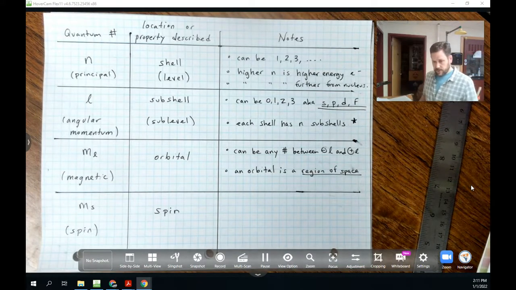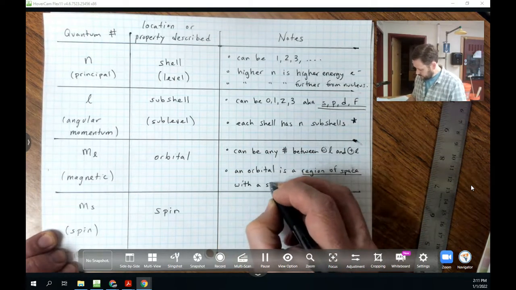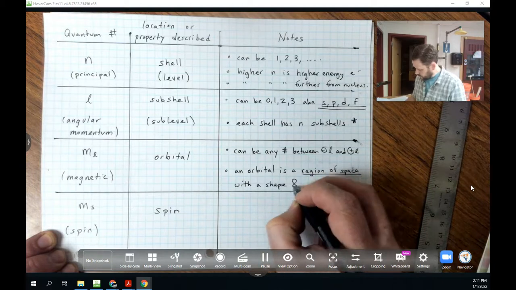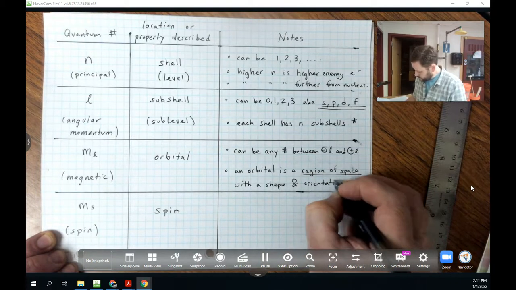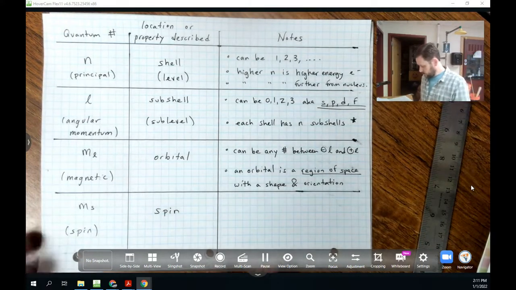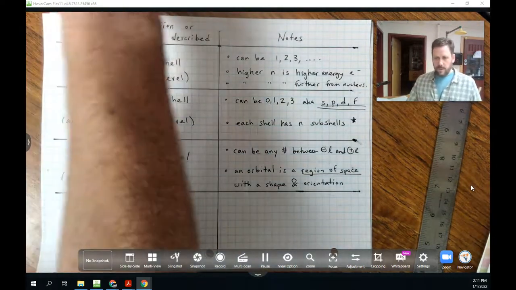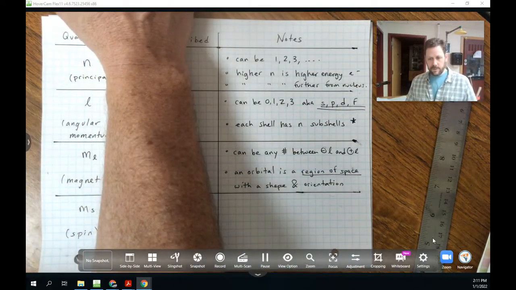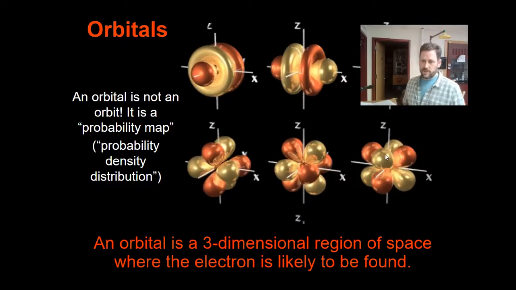Each of these regions of space have a shape and an orientation. And it may be helpful to look at a few pictures of these. Here's some of those shapes and orientations of different orbitals.